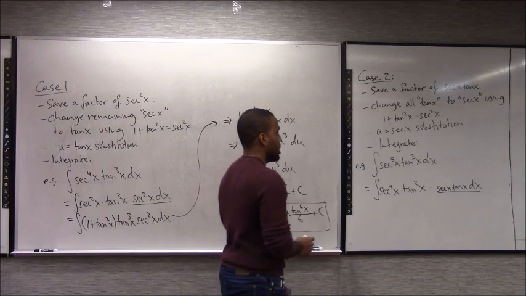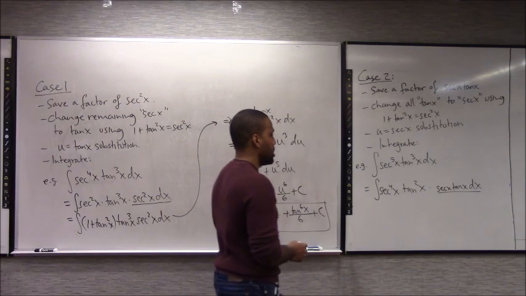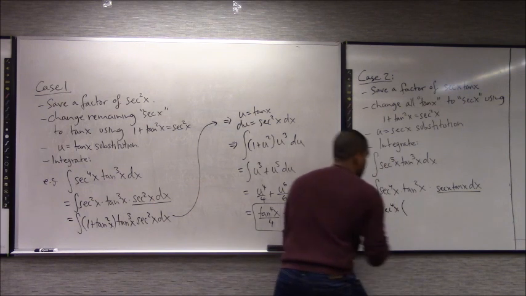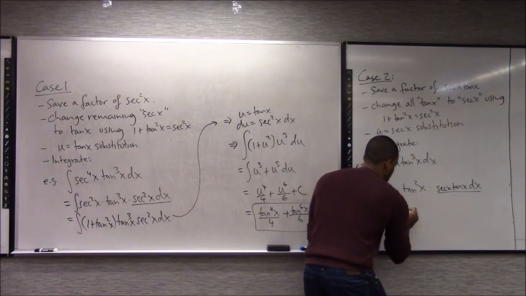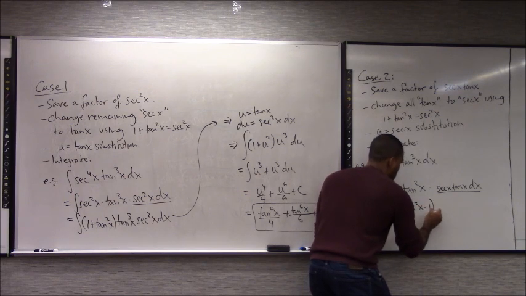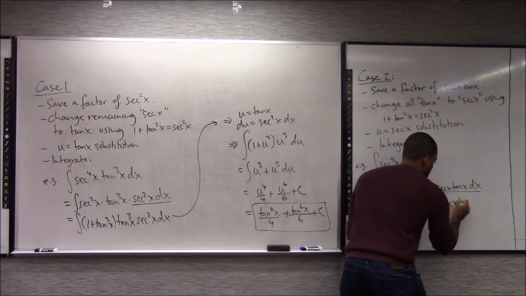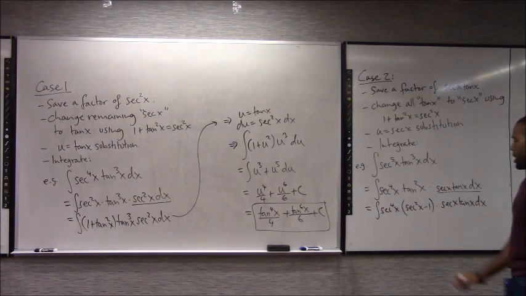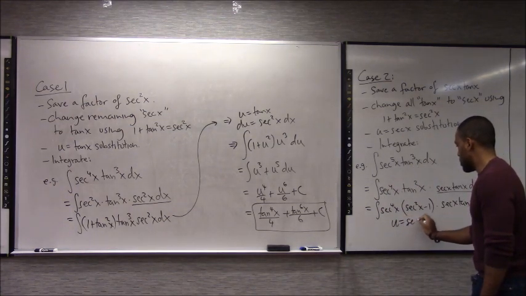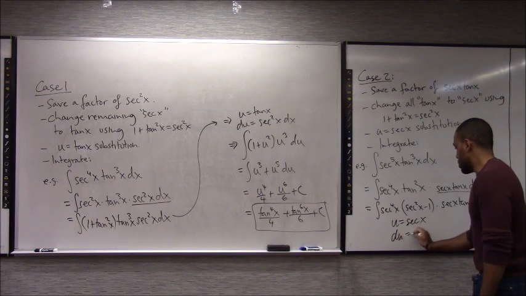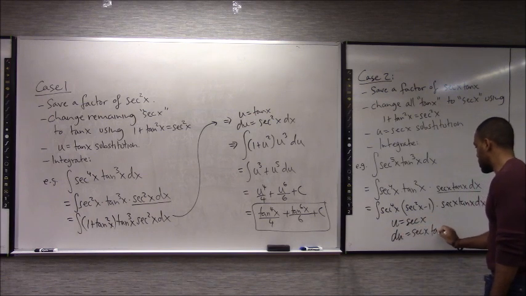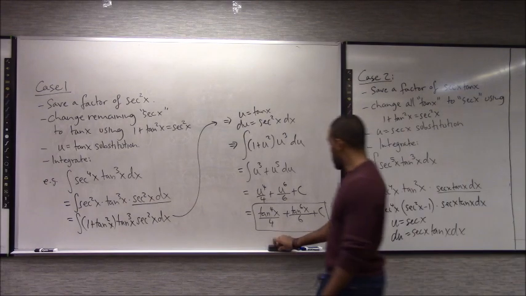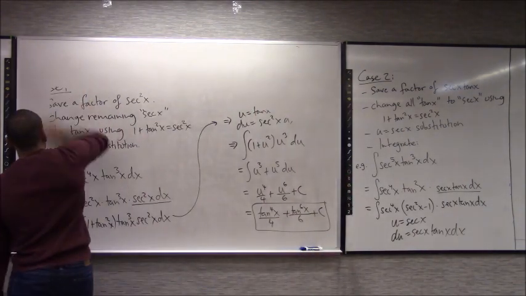Now what I'm going to do is change all the tangents to secants. A tangent squared is going to be a secant squared minus 1. And at this point I can do a u equals secant. Your du is going to be the secant x tangent x. And that allows me to change this integral into something nice, like the power.